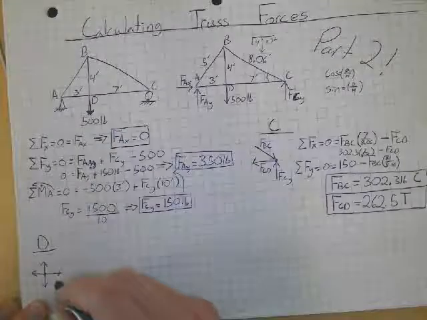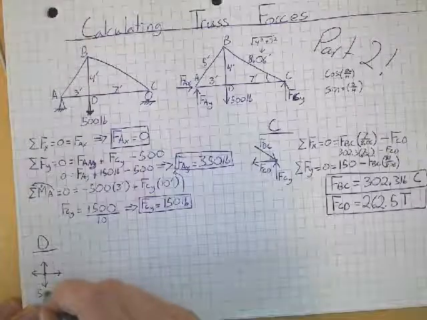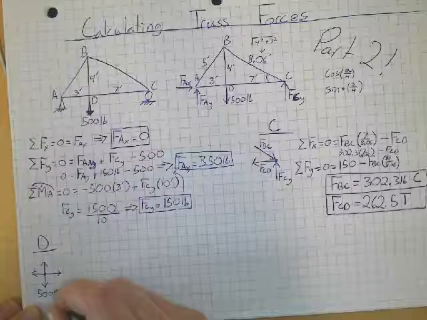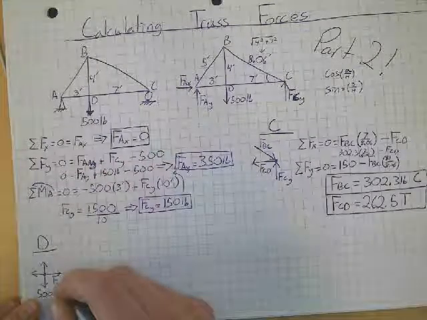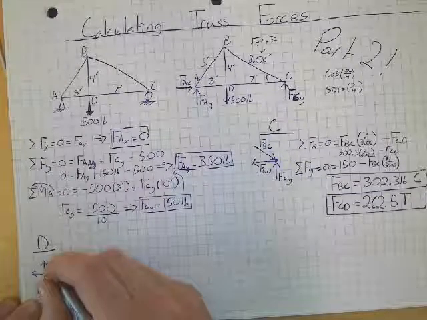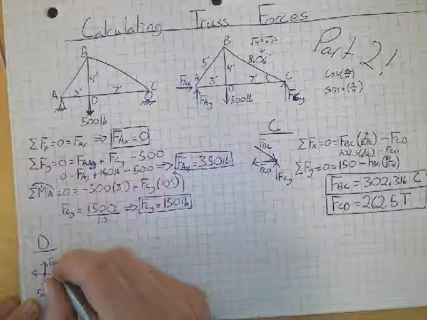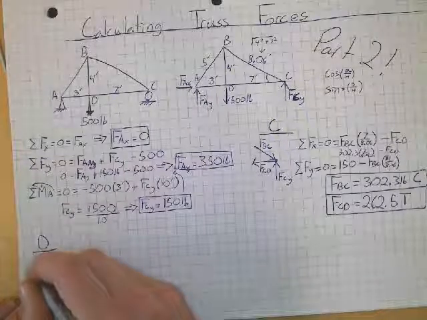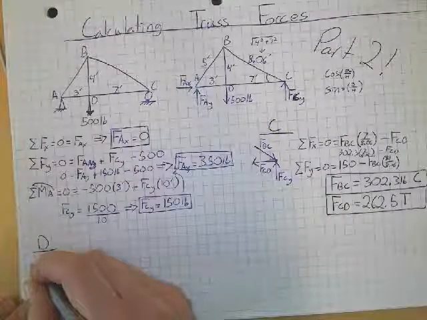Okay, so back to this. I've got 500 pounds pointing down. I've got FCD here, which I just calculated. I've got FBD going up, and FAD off to the left there.